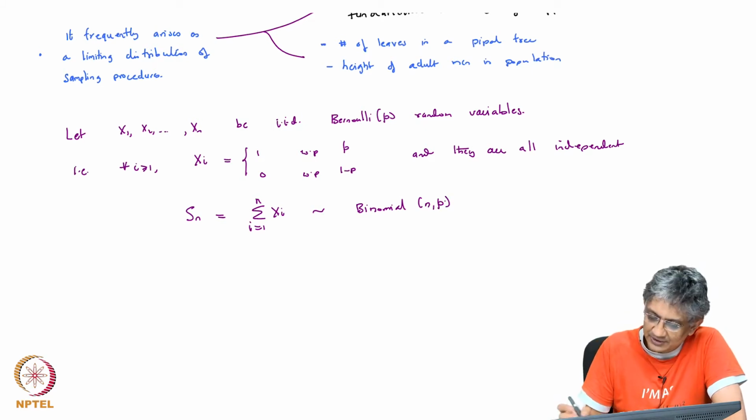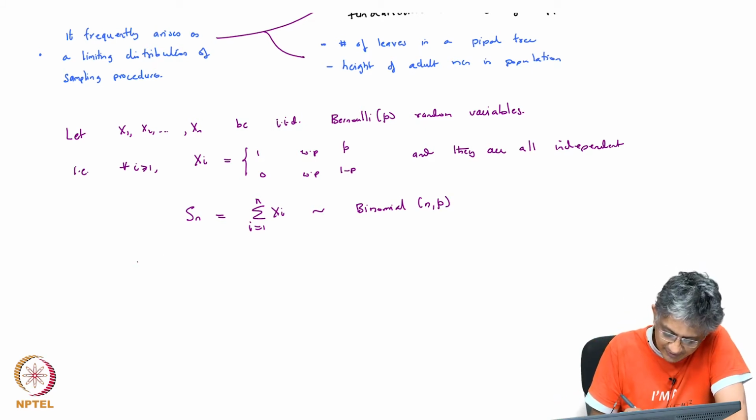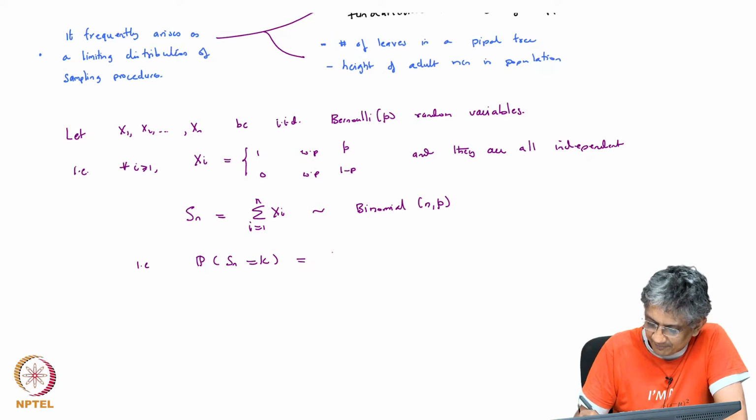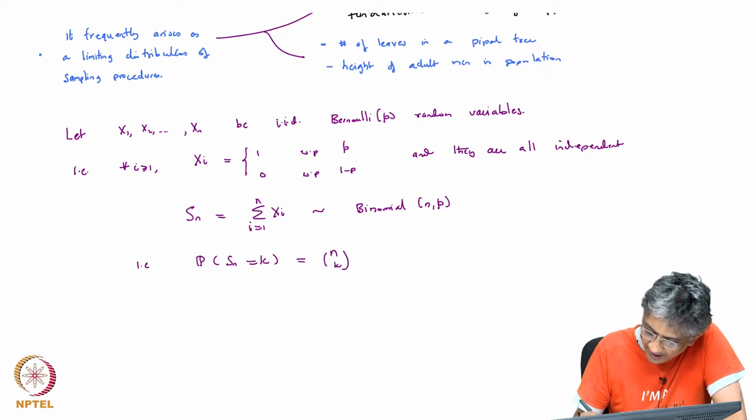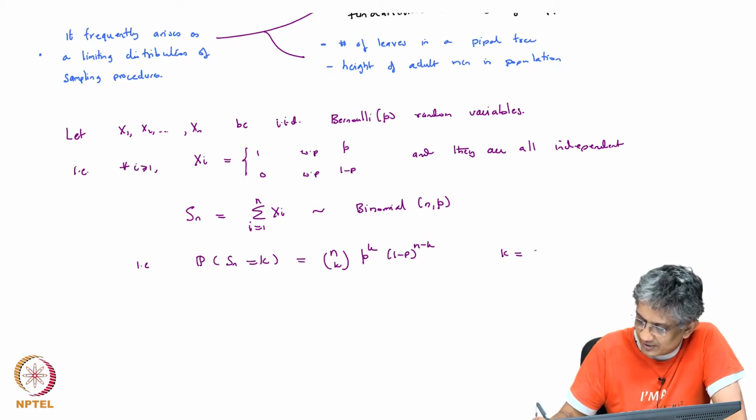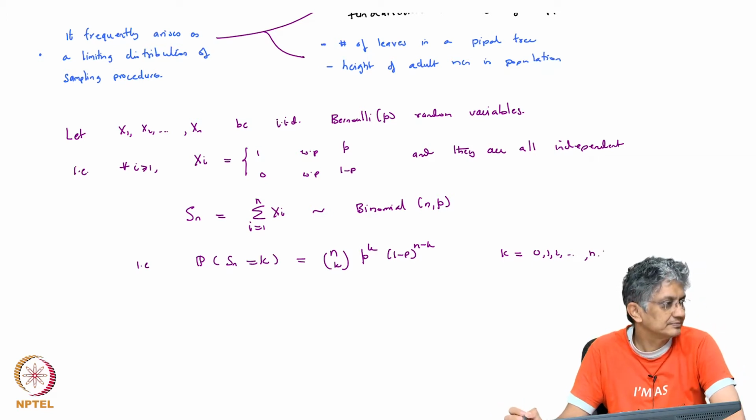So how do we know this? We know that the chance that Sn equals k is given by n choose k, p to the power k, 1 minus p to the power n minus k, for k in 0 to n.